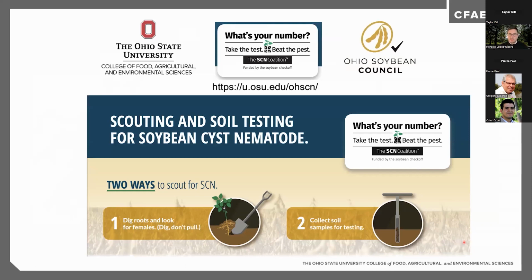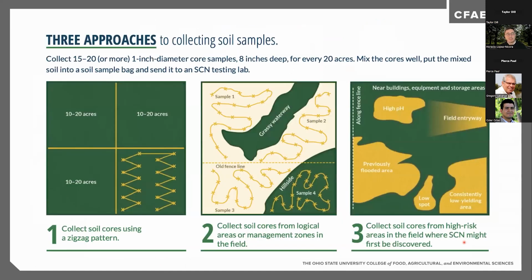Active management of soybean cyst nematode starts with sampling your field. Know your numbers. That's the slogan. Not only know if you have soybean cyst nematode, but how much soybean cyst nematode you have. It is the same way that you're going to sample your fields to take a soil sample for nutrients.